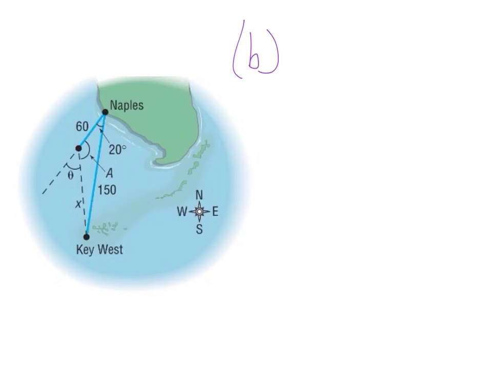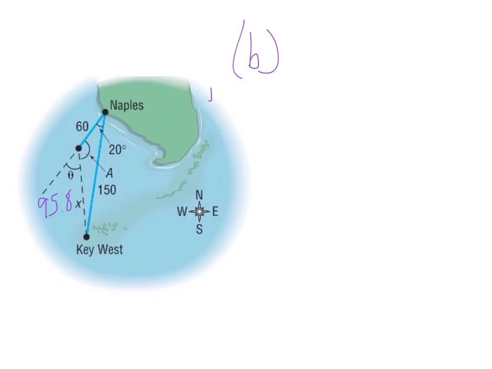Now I want to know what angle should the boat take to correct its course? Which we said they have about 95.8 miles to go. So what angle A should they take? To do that, we could set up the law of cosines again.